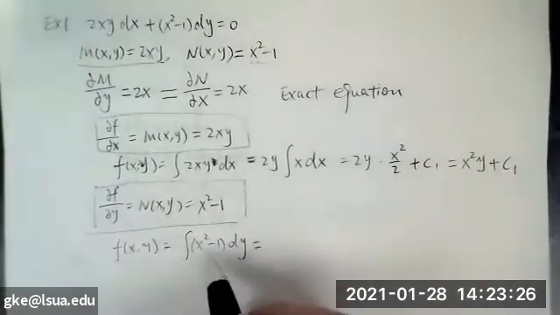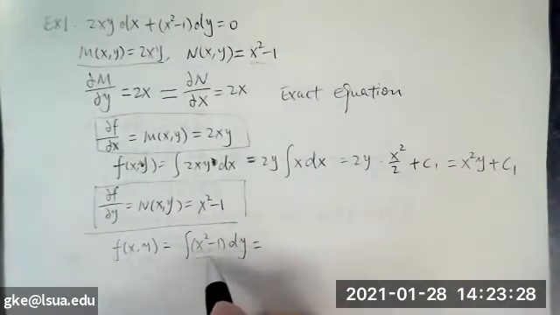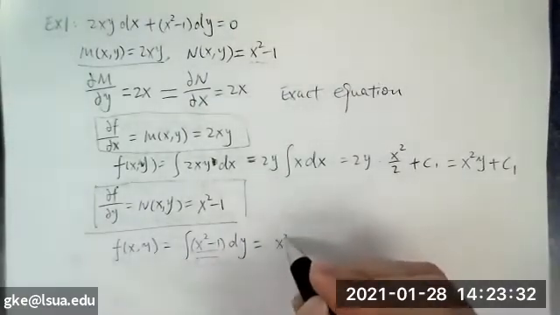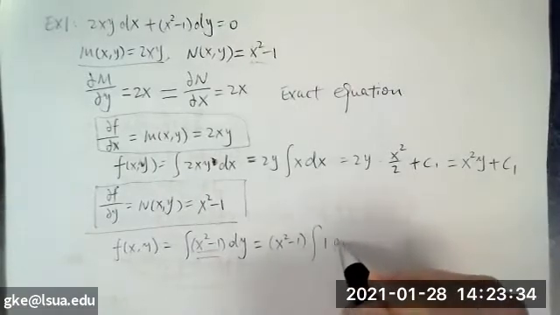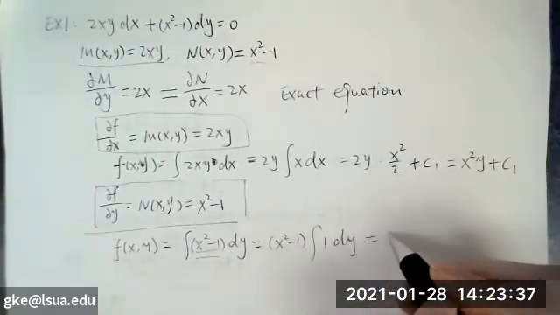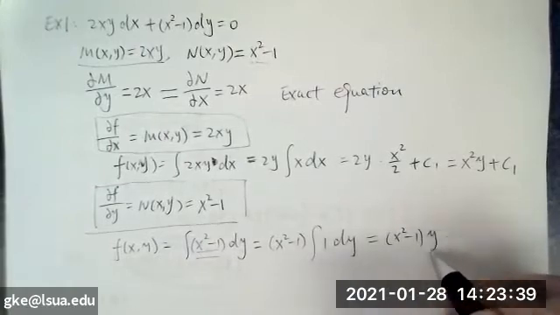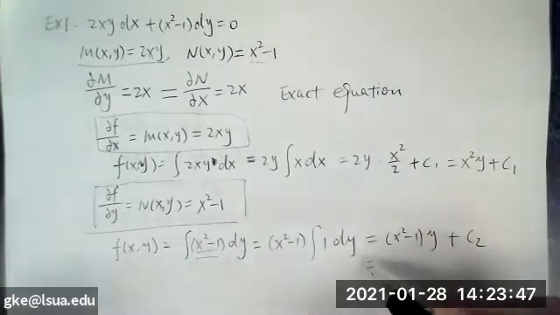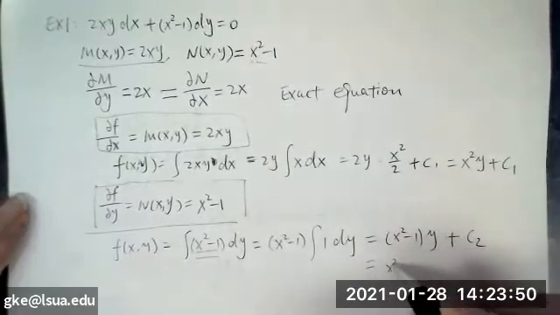As you can tell, the only variable is y. Here x is a constant, right? x squared minus 1, so put it outside, dy should be y plus c2. So that's the antiderivative from this condition, and we can write it down here.